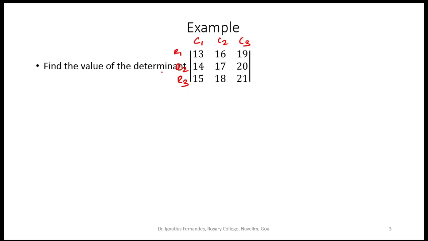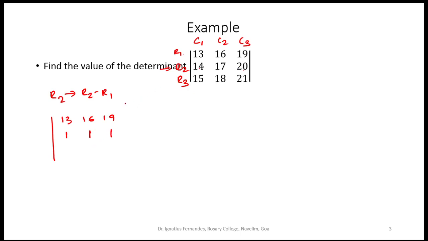So let me replace R2 by R2 minus R1 here. So the determinant that I get is 13, 16, 19. I'm subtracting R1 from R2, and writing that in place of R2. So 14 minus 13 is 1, 17 minus 16 is 1, 20 minus 19 is also 1.